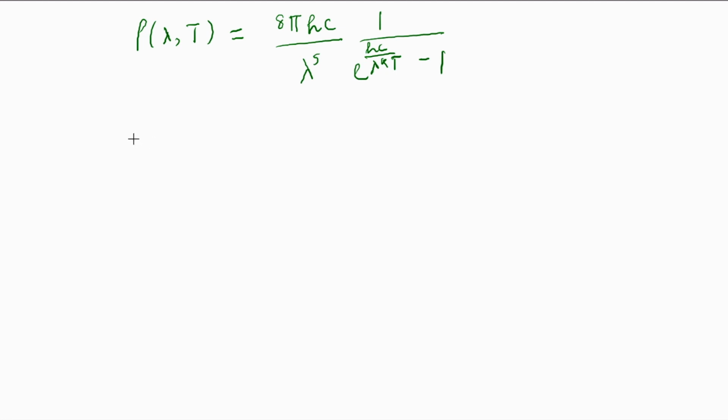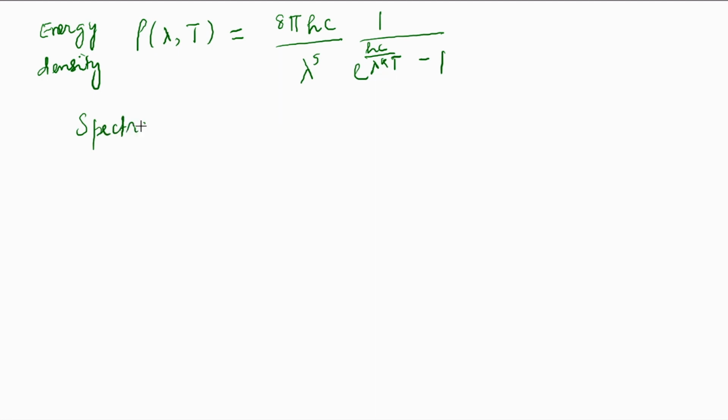And then one can write an expression for spectral, this is of course energy density, when we consider a cavity and the black body radiation is from the cavity.